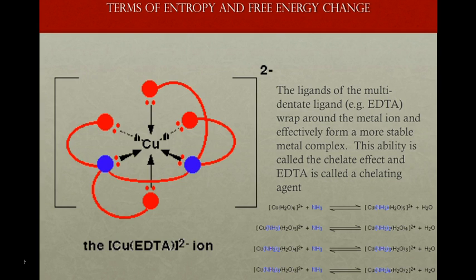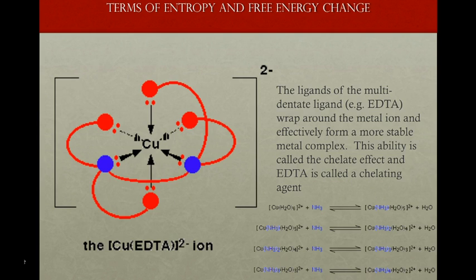When we create more waters, it looks like on both sides we have the same number of molecules. This is an example for a unidentate ligand.